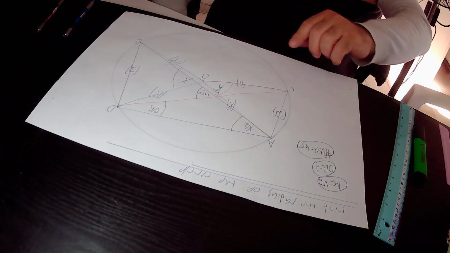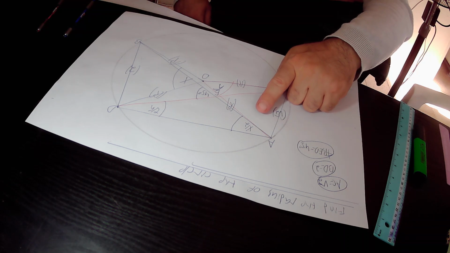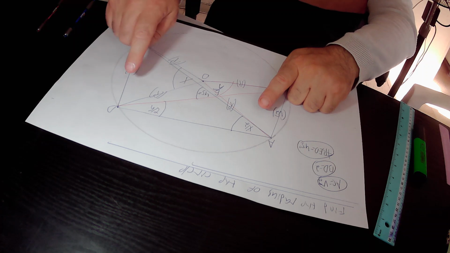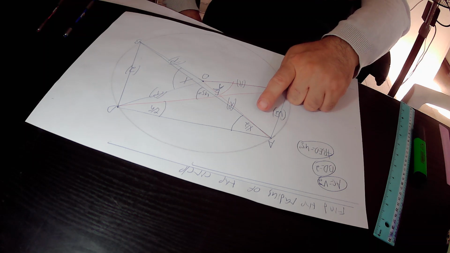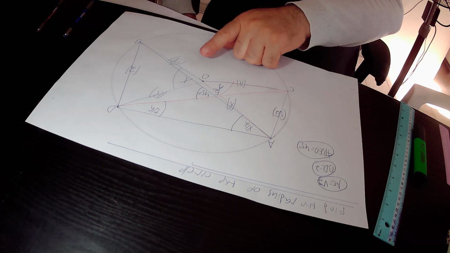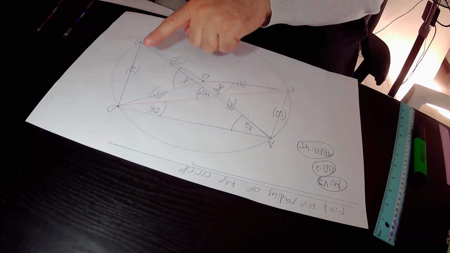So we can implement rule 13 in our drawing. Why? Because in our drawing we have peripheral angle BAD that subtends on chord DB. The size of peripheral angle BAD is x over 2. We also have central angle BOD that subtends on the same chord DB.